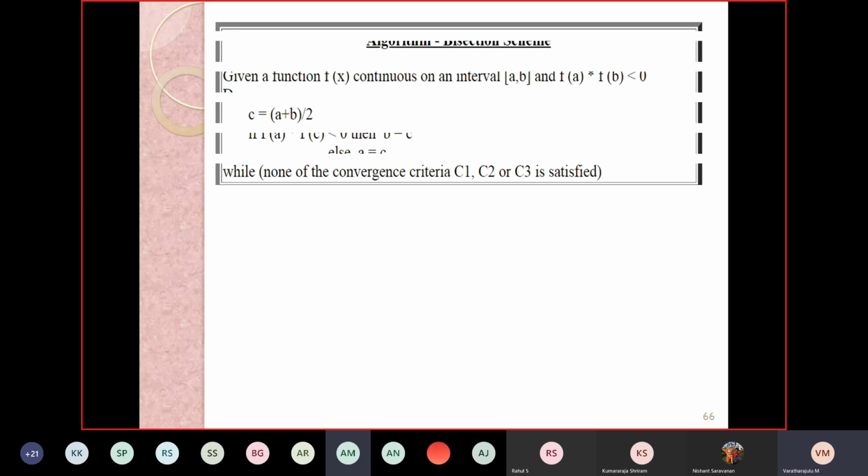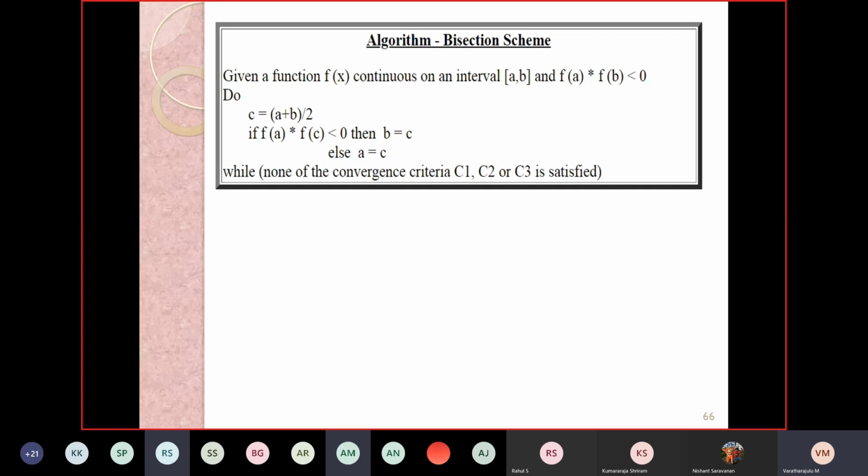Concerning the algorithm for the bisection scheme, this is what we are going to do. We take the midpoint of the two given boundaries, that is, the interval a and b. Then we calculate f of a and f of b.